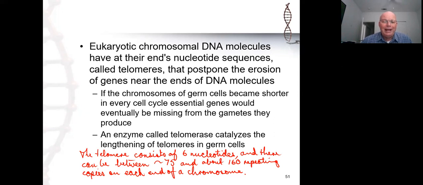The one place where that is not true is in the germ cells that give rise to gametes, particularly in the testicles, because men are going to make sperm once they hit puberty for the rest of their lives. And that means that the germ cells are undergoing multiple rounds of cell division, and that could potentially create problems with the chromosomes as a man gets older.